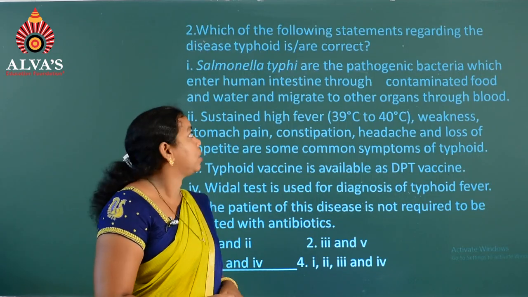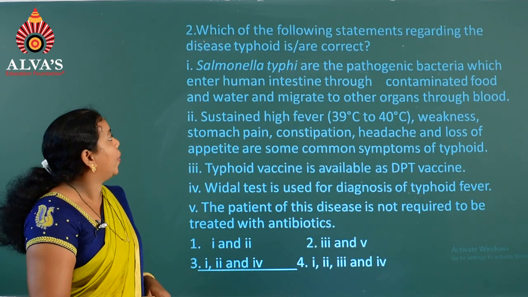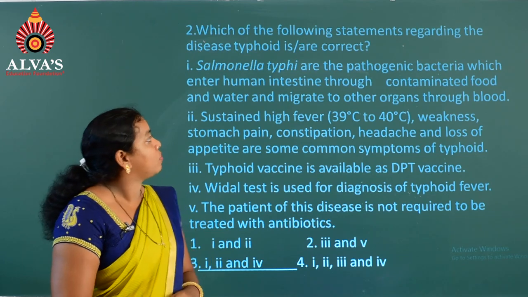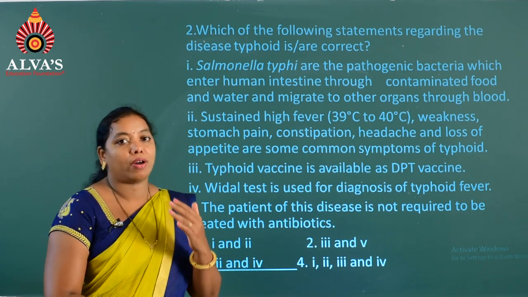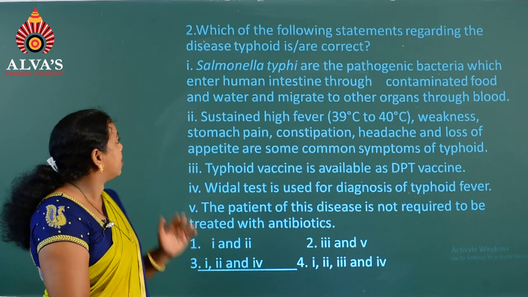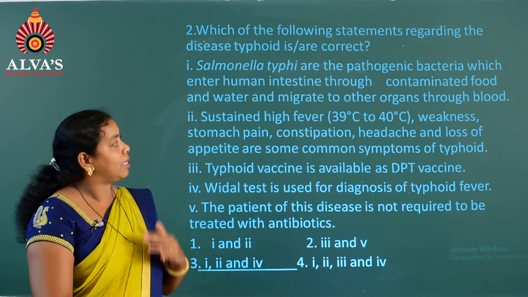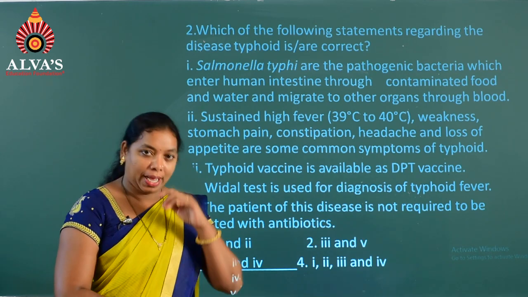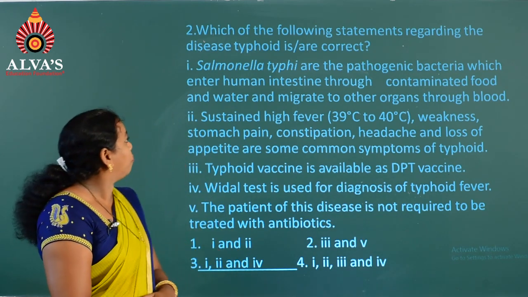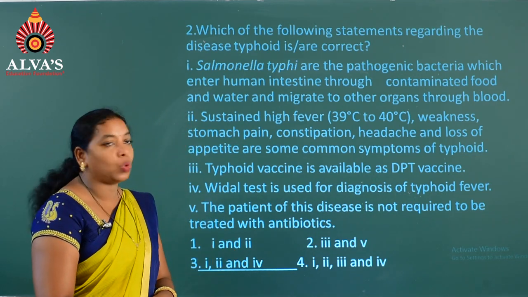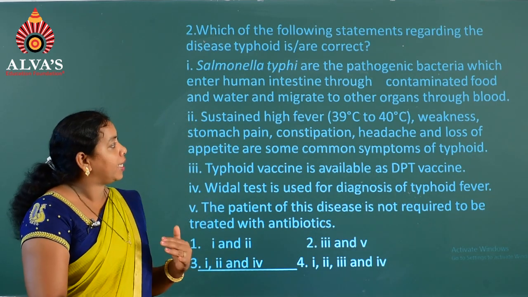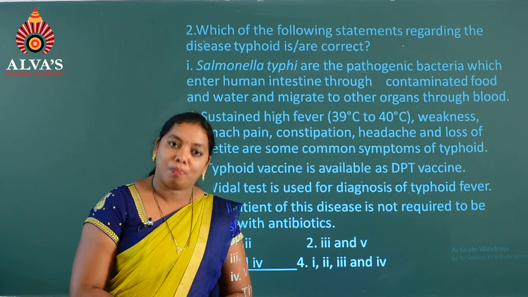I am going to discuss question number 2: which of the following statements regarding the disease typhoid is or are correct? The first option is that Salmonella typhi are the pathogenic bacteria which enter the human intestine through contaminated food and water and migrate to other organs through blood.